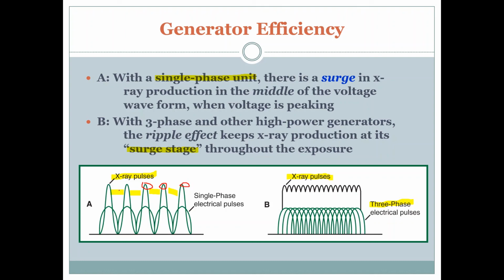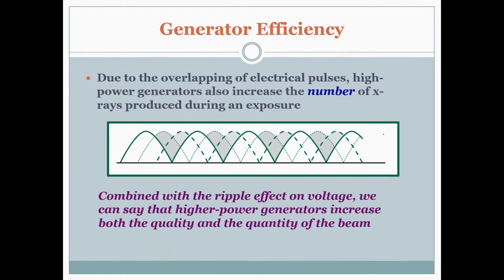Otherwise, X-rays are not being created. You only have surges at the peaks and no X-rays being created at other times. With the more efficient generators, we can make more X-rays more of the time, and that allows us to do things, for example, like set a lower technique for our patients and lower patient exposures.